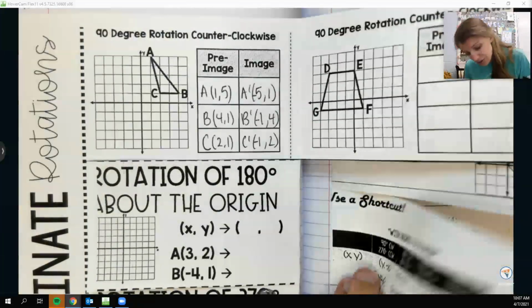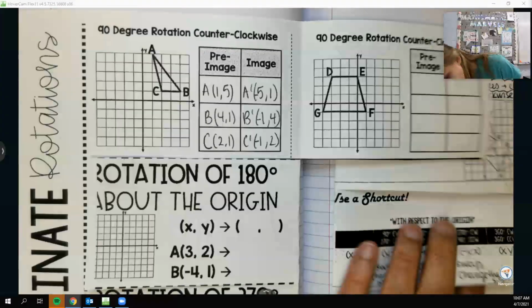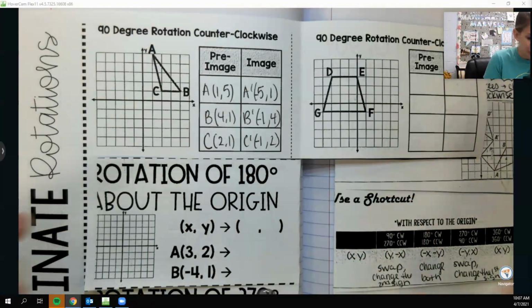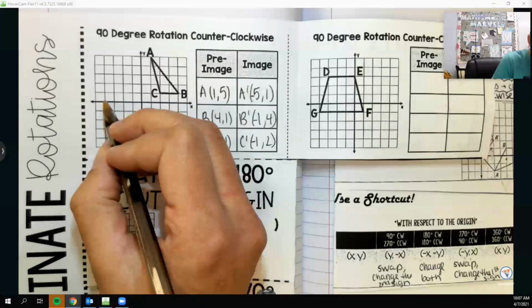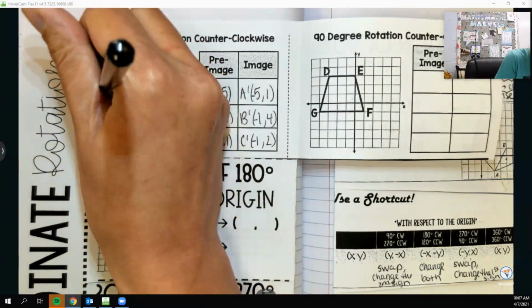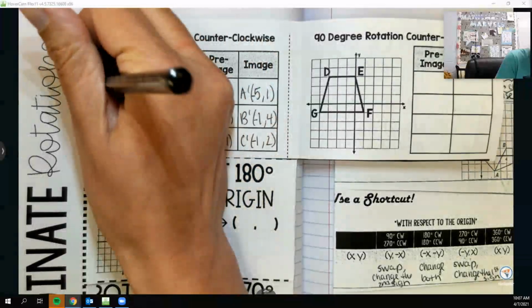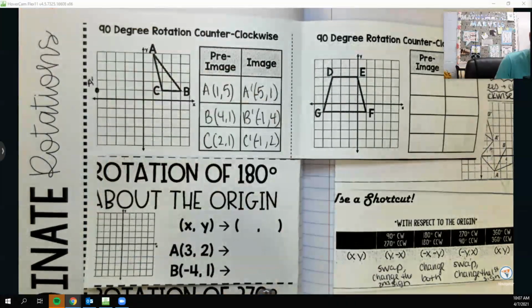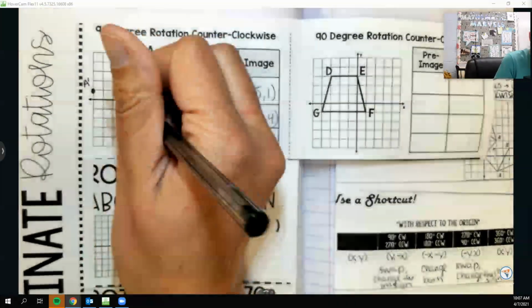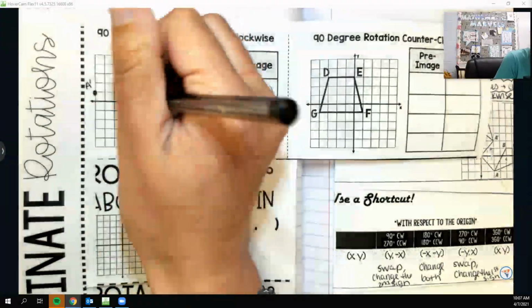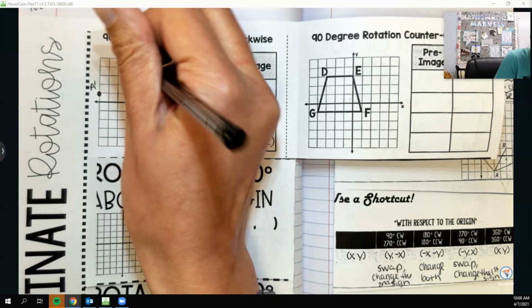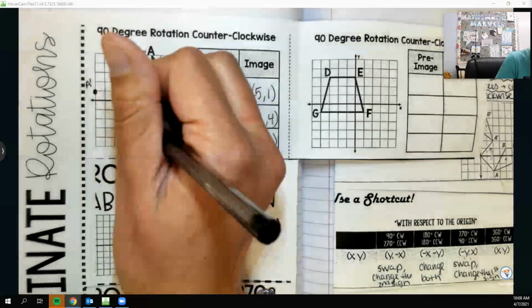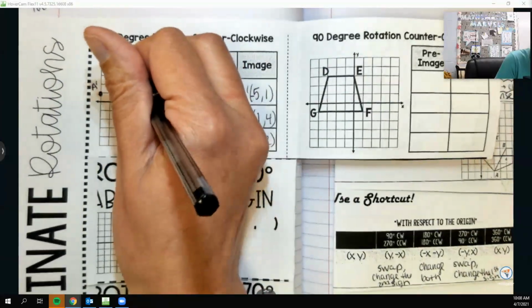If I go to graph this now, sorry, I'm trying to stay with similar colors. A prime would be at (-5, 1), so it moved one quadrant over. B prime is at (-1, 4). And C prime is at (-1, 2).